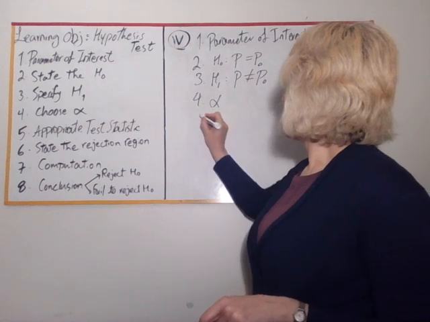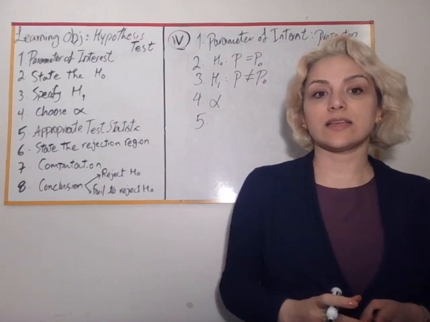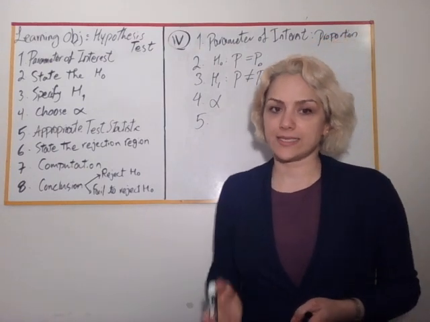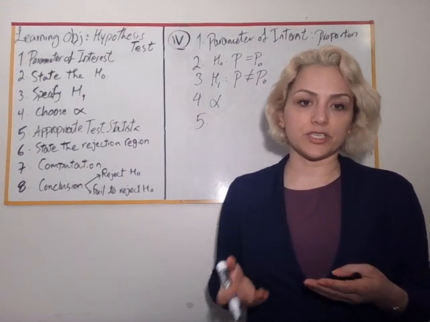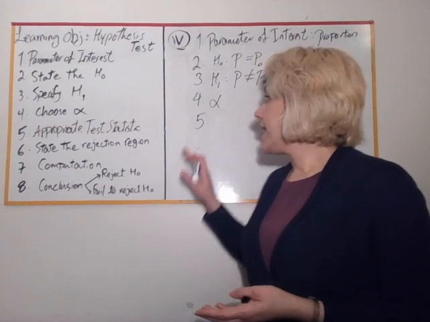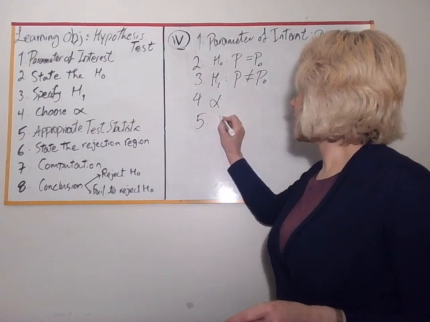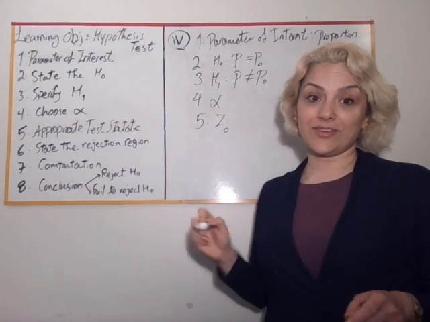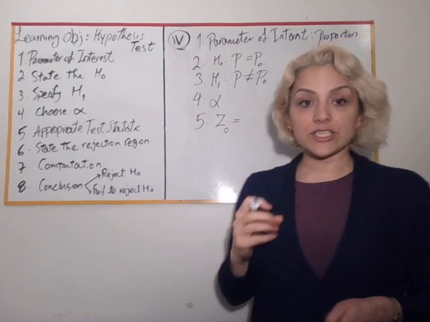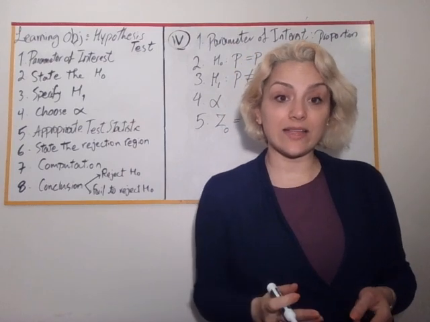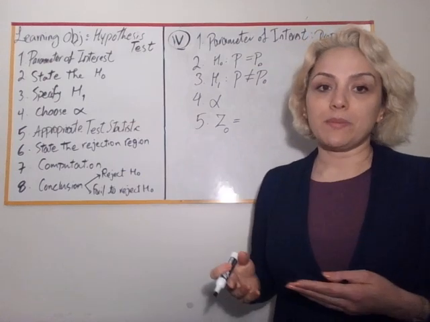For this one, the test statistic is very similar to the first and second categories that we had, where we were interested in finding mu, depending on whether we know the variance or we don't know the variance. For the test statistic for category number 4, for proportion, we are gonna work with the Z table again, very similar to the first category. So Z null. But the equation is a little different because the standard error of the proportion is different compared to the mean.